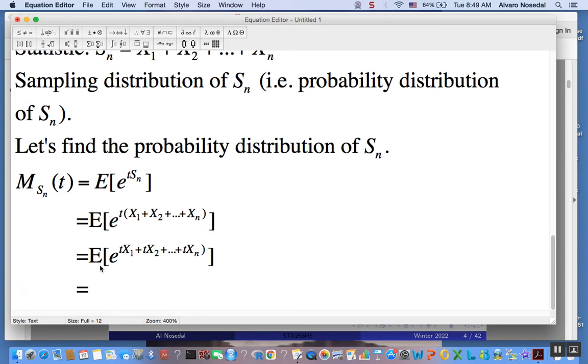And again, a little bit of algebra. E to the power tx1 plus tx2 plus dot dot dot is going to be the same as the product of n exponentials. These guys here. Let me copy paste this.